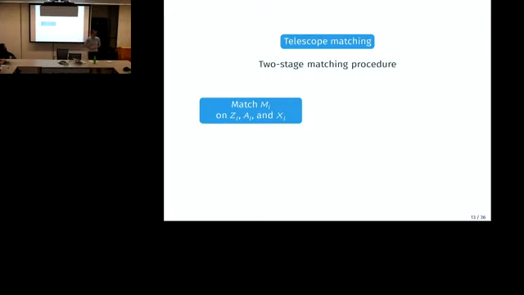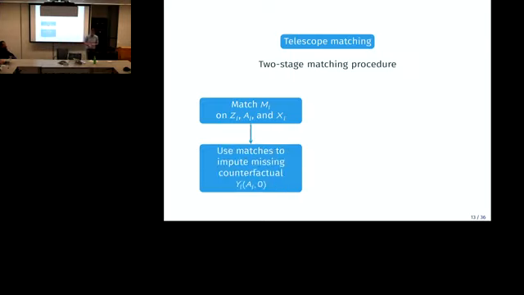The first thing we're going to do is match across levels of M, using as covariates Z, the intermediate covariates, the treatment, and the baseline covariates. And we'll use those matches to impute a missing counterfactual. It's a kind of weird hybrid counterfactual, but this is the potential outcome for i under m equals 0 at their observed level of A.